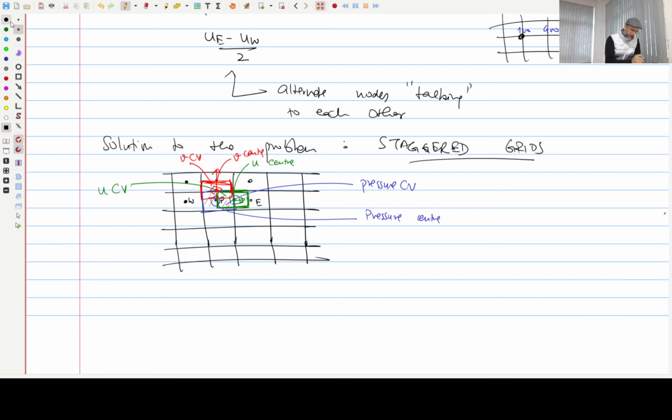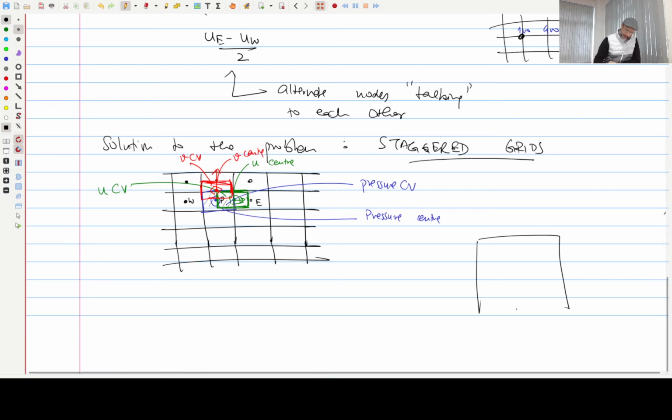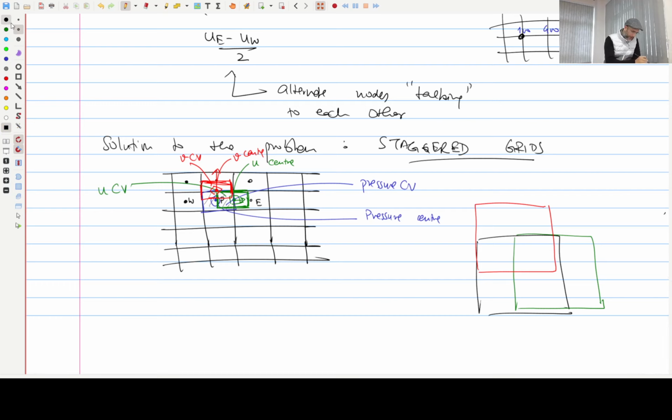If I just zoom into it, this was our previous control volume, but now we have control volumes which look like this, and another one which looks like this. So the pressure is defined at this point, and this is the pressure control volume.